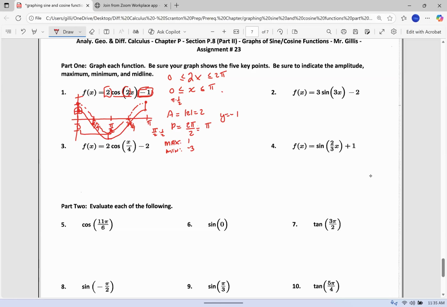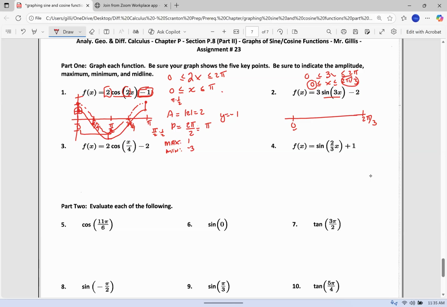All right, in the next one, number 2, I'm graphing sine, so I'm going to sandwich 3x between 0 and 2 pi. Divide everything through by 3. And there I am. So it's going to go from 0 to 2 pi over 3. This is the beginning of that period. This is the end of that period.